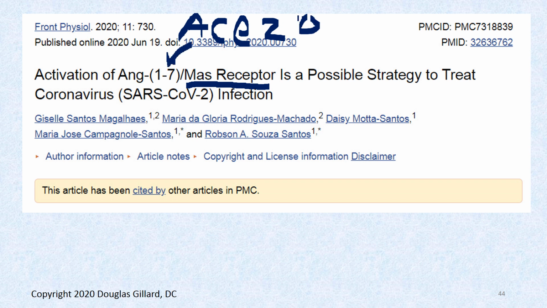The COVID virus has blocked them, right? So those are out. But if we can bypass that and stimulate the MAS receptors, that can undo some of the deleterious effects of angiotensin II, cut inflammation, cut blood clotting, things like that. So finding MAS agonists is a big area of research right now.